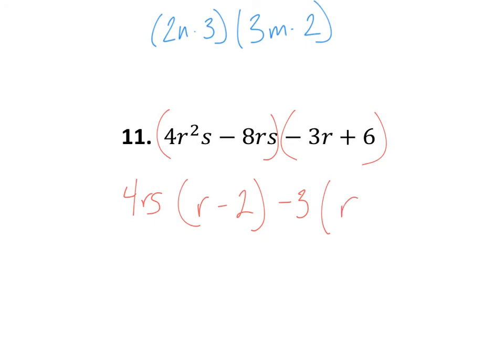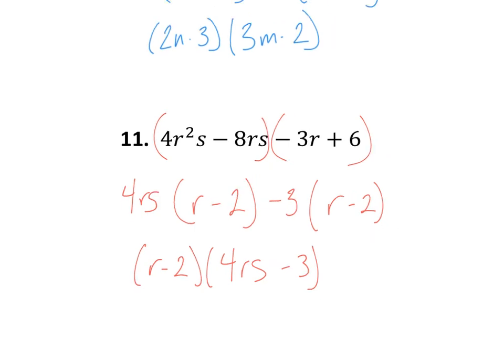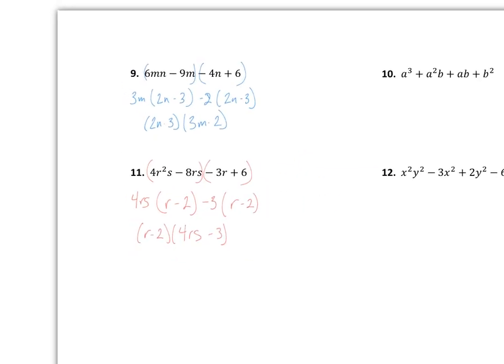And we're left with r. You can write the 1 there or not. And then positive 6 divided by negative 3. There's your negative 2. Okay, and we get r minus 2. And there we go. Greatest common factor 4rs. Our second one, negative 3. Again, makes no difference the order that you write those in.